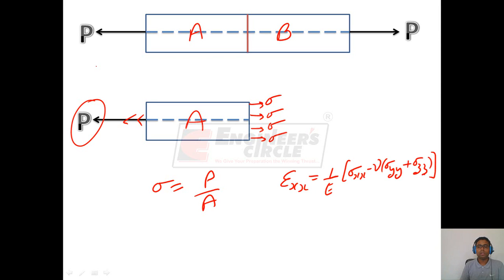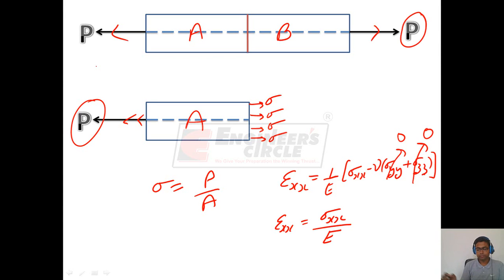In this case, there is no stress in the y direction and there is no stress in the z direction because we have only one load which is acting along the x direction. Therefore, we get epsilon xx as sigma xx by E. Now, this strain along the x direction can be written as del u by del x.